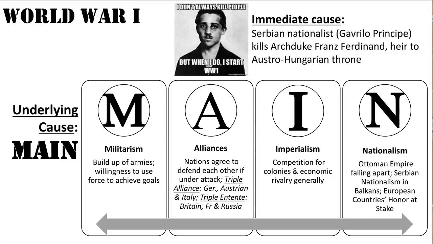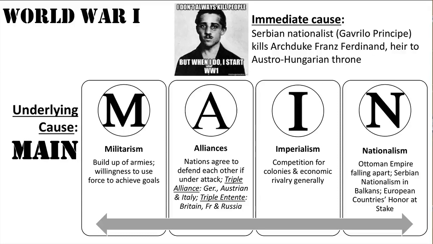Last one is nationalism. Like I said, nationalism is the reason why the Ottoman Empire is falling apart, which leads to the Balkans being this powder keg of Europe. It is nationalism which causes Gavrilo Princip and the rest of the Black Hand to commit the murder of Archduke Franz Ferdinand.